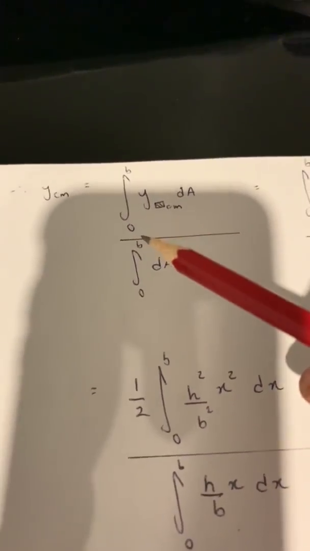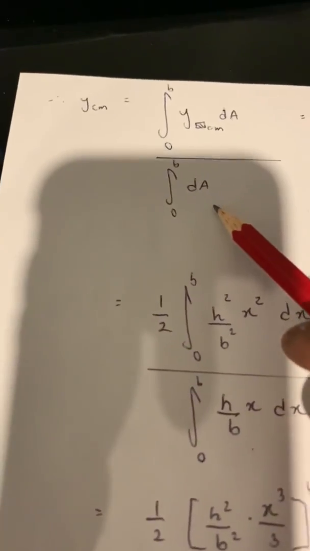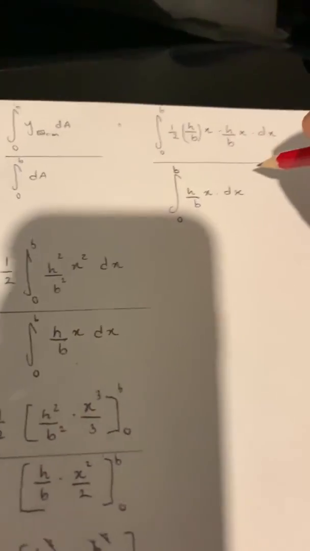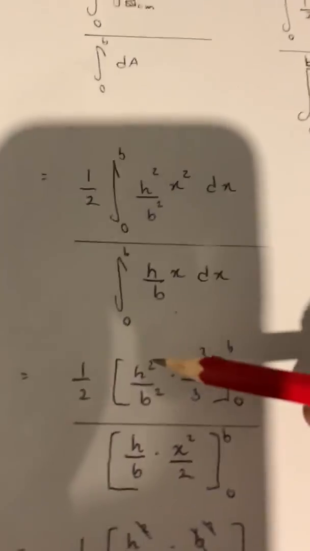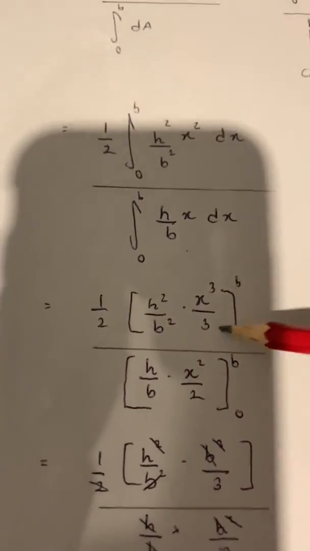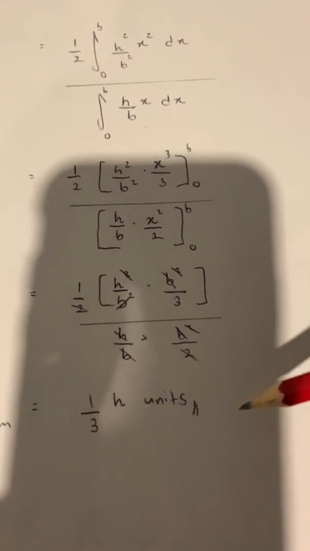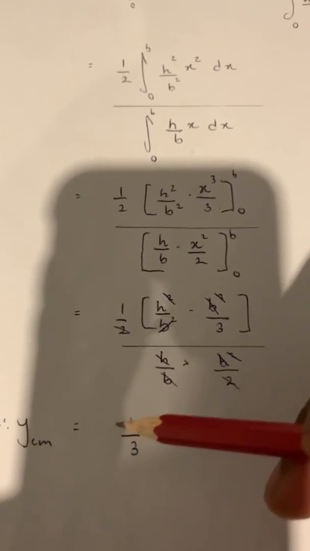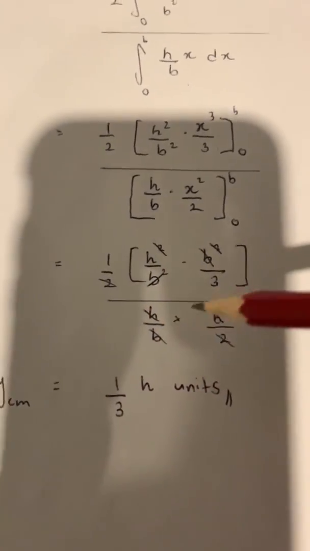If you integrate from 0 to b of y of that shaded area by dA, divided by the integration of dA, then sub in the values that we already found and simplify it, you get the value for y center of mass of the right angle triangle as 1/3 of h, units of the height.